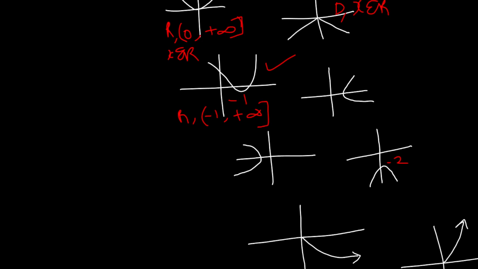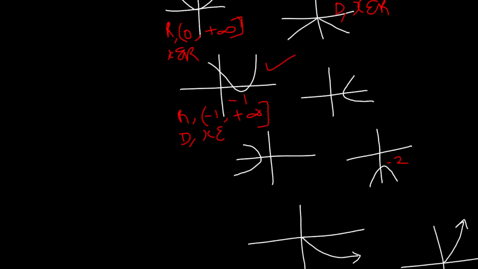Okay, so what about the domain? The domain is everywhere. So x is the element of real numbers. Because, like I said, if you were to cut this graph vertically, you can see that it is everywhere.